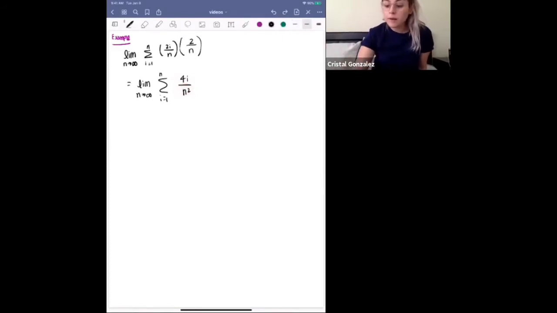So this equals the limit as n approaches infinity of 4 over n squared times the sum of i equals 1 to n of i. Now it becomes an easier problem because you already know the formula for this. So this is equal to the limit as n goes to infinity of 4 over n squared times n times n plus 1, all over 2.